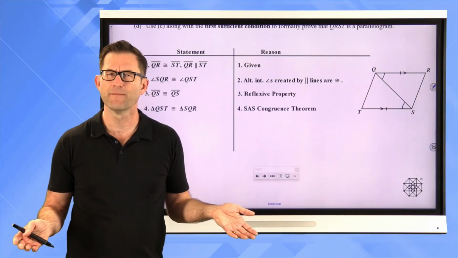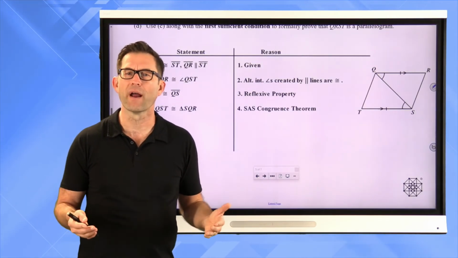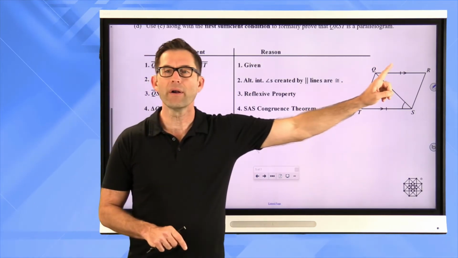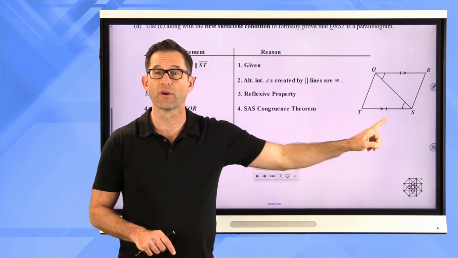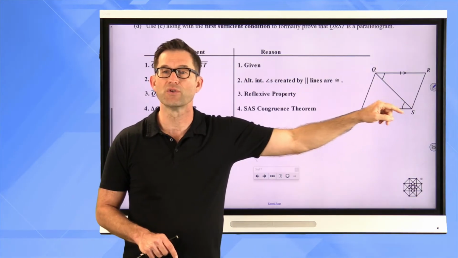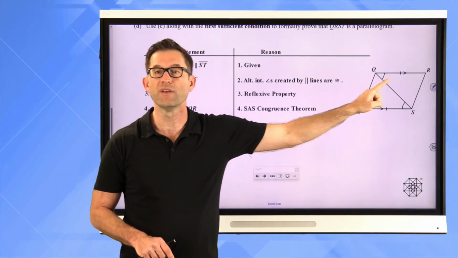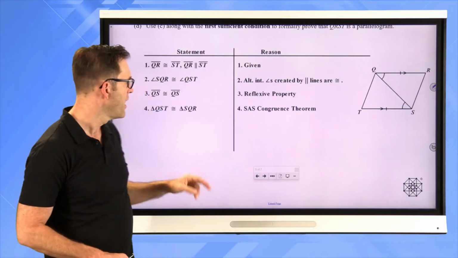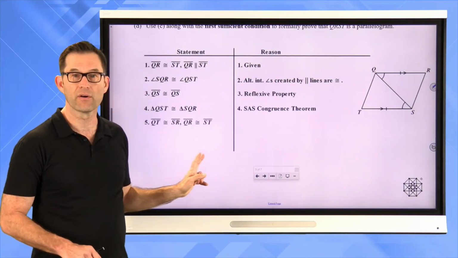Awesome, right? But now, where do we go from there? Well, keep in mind, we already knew that QR and ST were congruent to each other. But now that we know that these two triangles are congruent to each other, we can also say that QT is congruent to SR. And I'm going to state them both right here, all right?